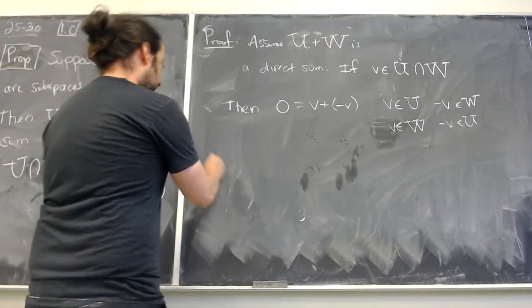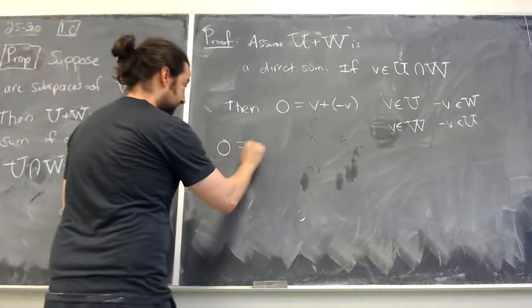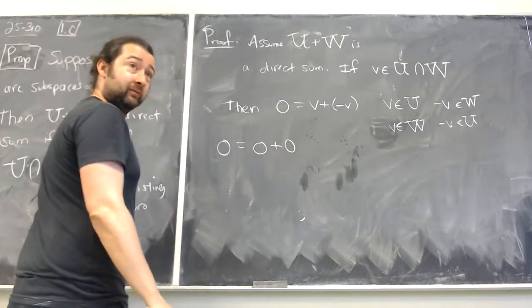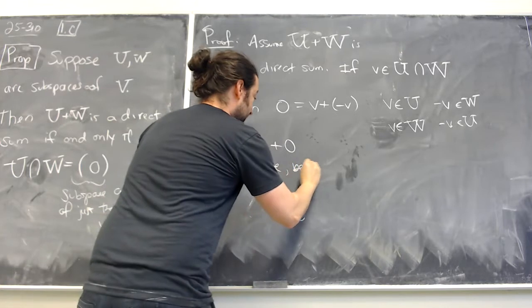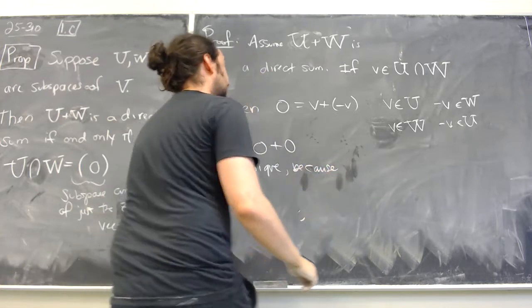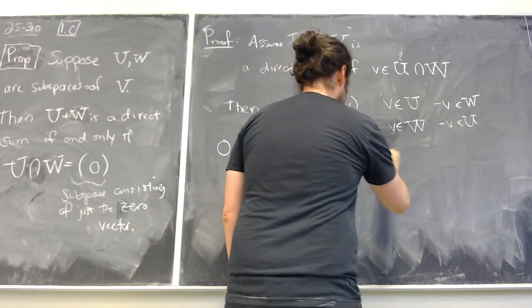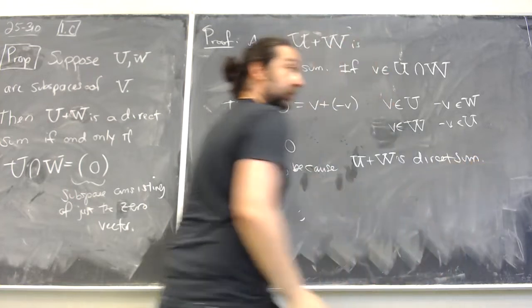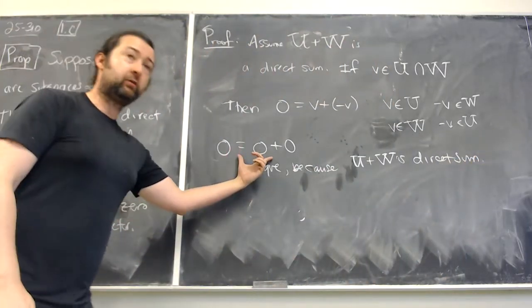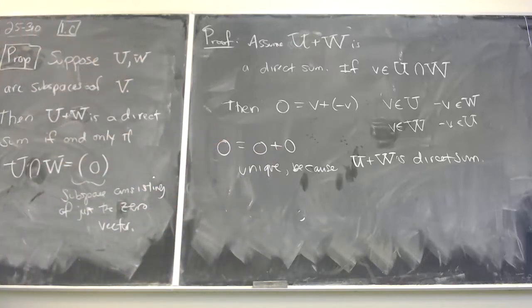So what do we say? Well, I can think of one way to write 0, and that's unique because U plus W is a direct sum. There's a unique way of writing 0 as 0 plus 0. But what does that say about v and minus v? They must be 0, right?